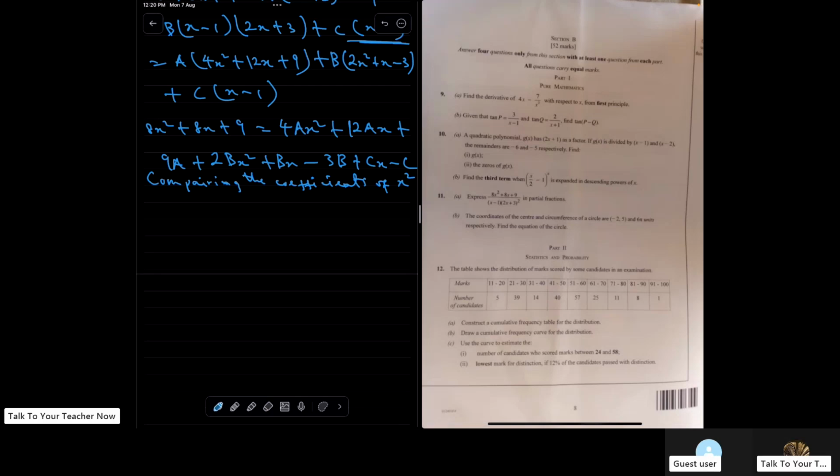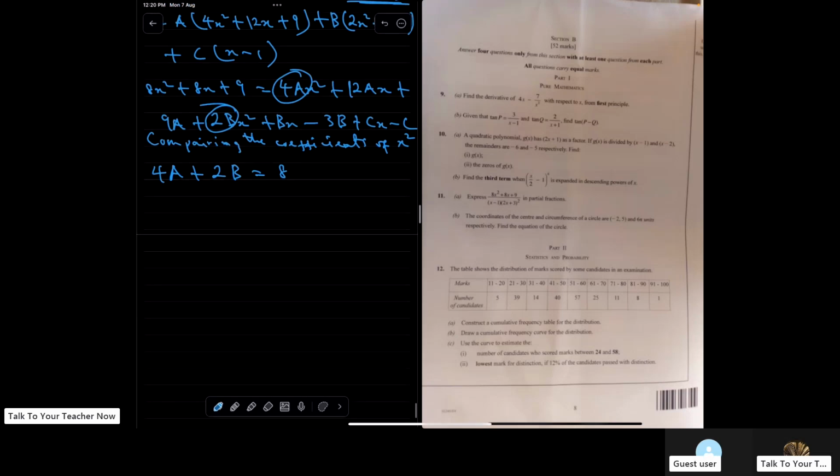Right hand side? 4a plus 2b. So I can say 4a plus 2b equals 8. If you like to simplify, divide through by 2, and then you have 2a plus b equals 4. That's equation 1.